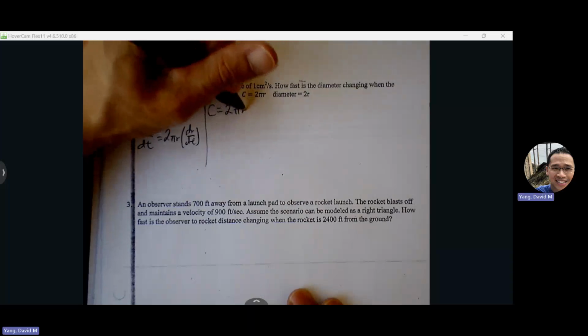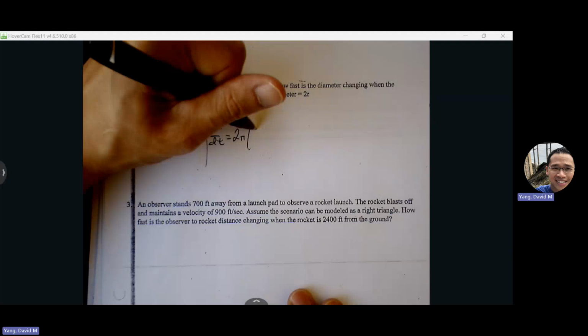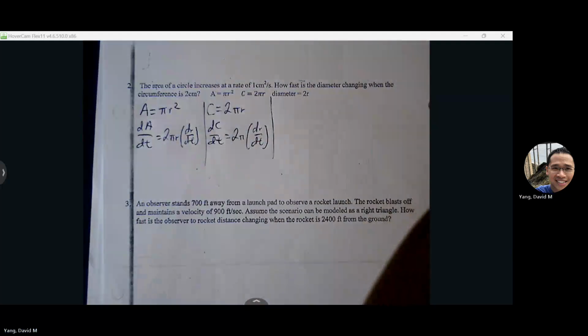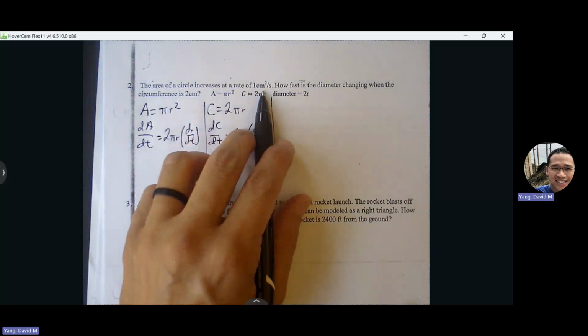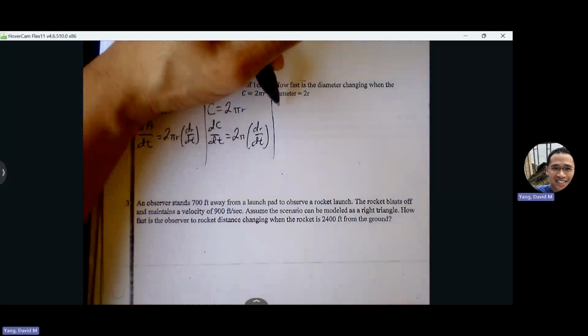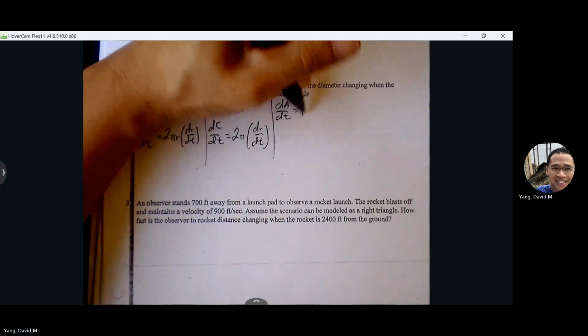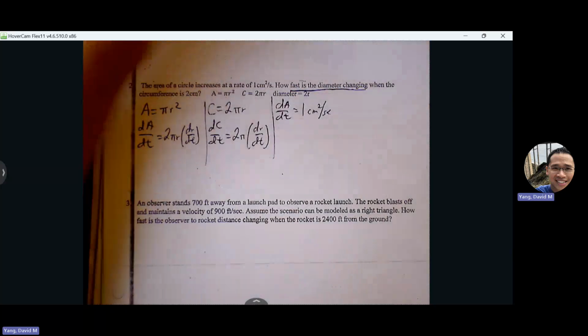Circumference is 2 pi r, dC/dt is equal to 2 pi dr/dt. The area of a circle is increasing at a rate of 1 square centimeter per second. So I know that's my dA/dt. How fast is the diameter changing?